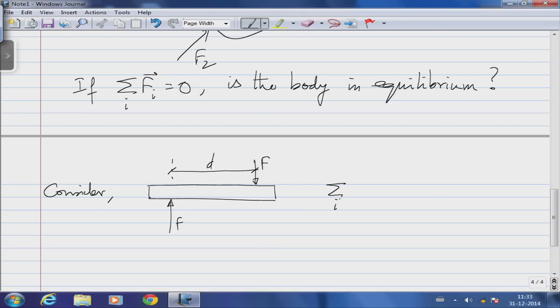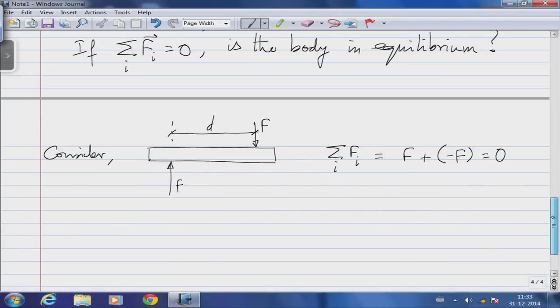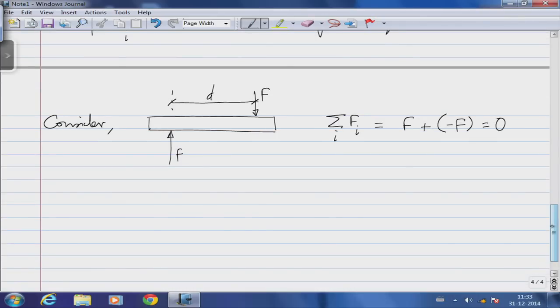So, Σ F_i is equal to F plus minus F. Both forces have the same magnitude F, but they are opposite in direction. If I choose one as being F, the other has a negative sign to it. Therefore, the summation of the forces is 0, but would this body remain at rest or in a state of uniform motion? The answer is no.